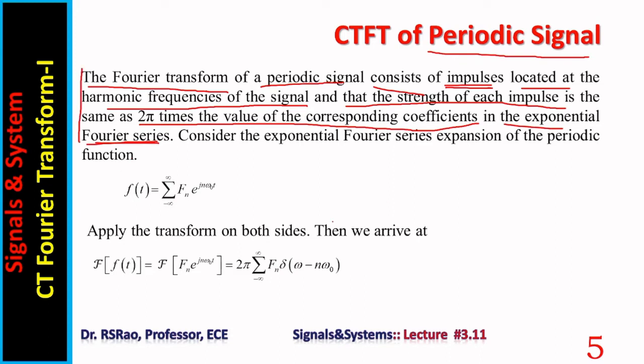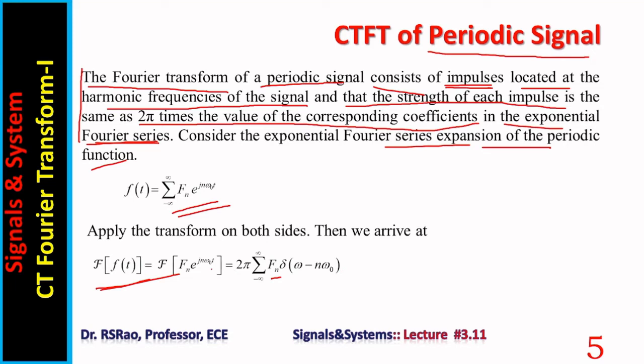After the statement, he is giving some mathematical proof too. Consider the exponential Fourier series expansion of a periodic function. This is the exponential Fourier series expansion. Now he is applying Fourier transform on both sides. The Fourier transform of F_n e power j n omega naught t is equal to 2 pi times sigma from minus infinity to plus infinity F_n delta of omega minus n omega naught.